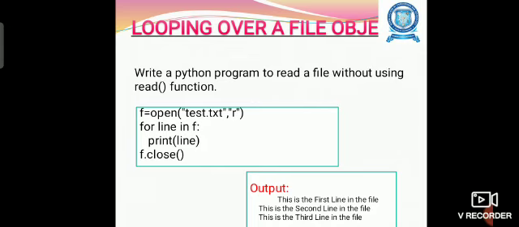The first time the first line will be produced in the line variable. Line is the iterating variable. So the first line will be printed by the print statement. During the second iteration, the second line will be taken by the for loop and printed. During the third iteration, the third line will be taken into the iterating variable and printed. So this is the way we can read the lines from the file using the for loop.